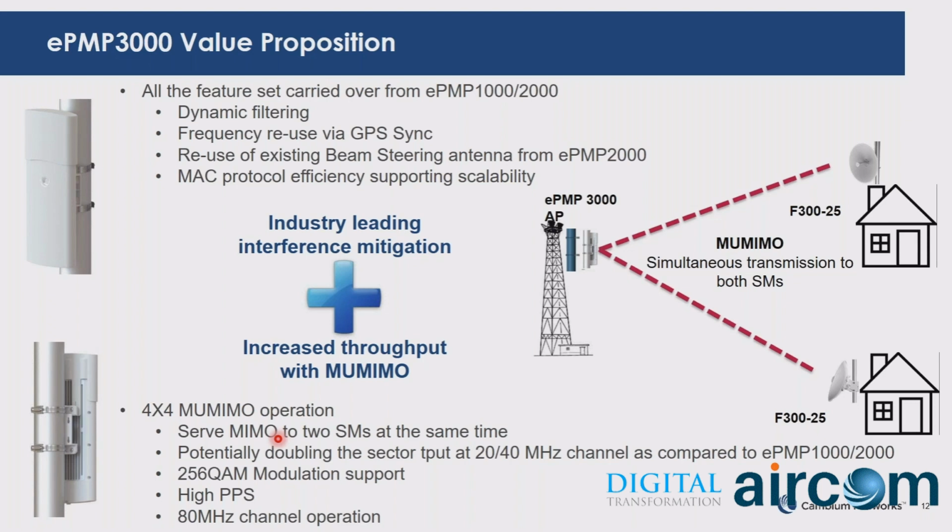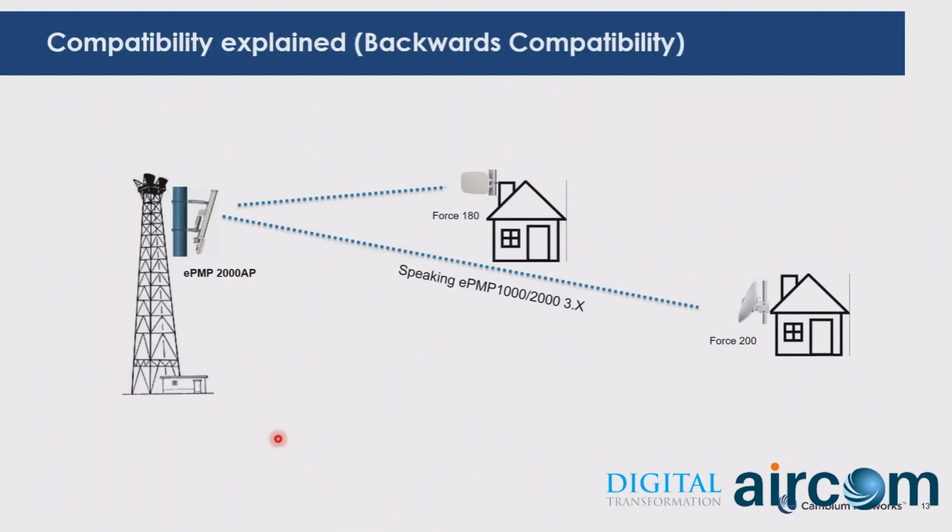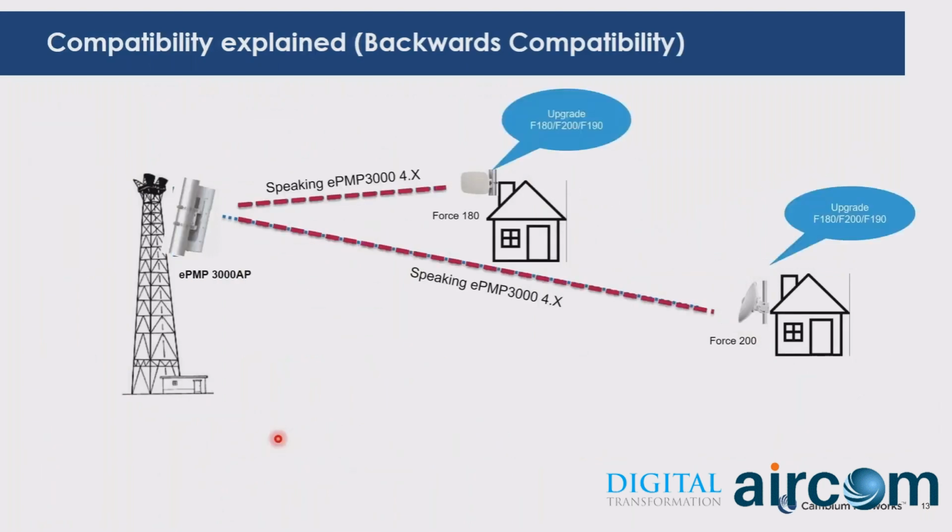So we always have you in mind whenever we are designing and manufacturing a new solution. So we had compatibility in mind. In case you already had an ePMP 2000 network, you have an ePMP 2000 access point on your tower, and you have your 11 NSMs, like the Force 180 and the Force 200.